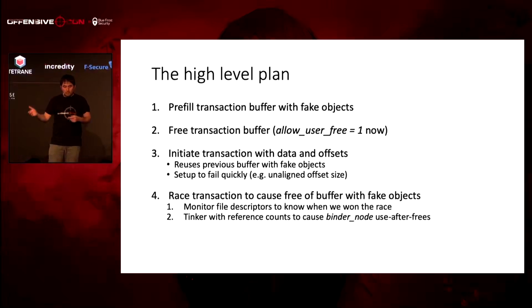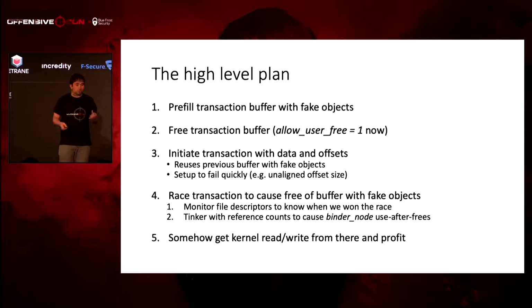Then on another thread, we erase these to cause the free of these objects. From the monitor thread, we will be looking to know when we trigger the race, so we can stop racing and continue with the exploit. After that file descriptor is closed, we will also tinker with reference counts to cause use after free. And now we will use those 2 use after frees to somehow get kernel read-write access, and from there, profit.